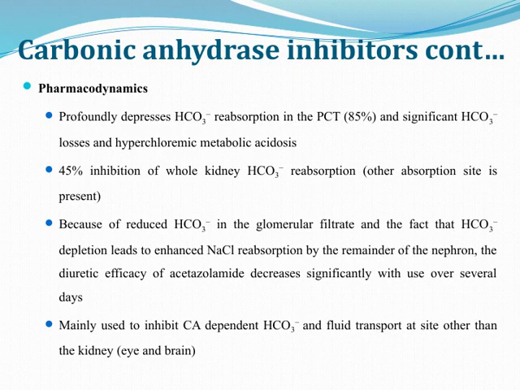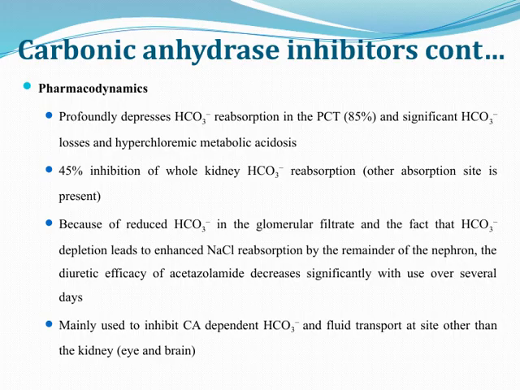Now, let's delve into the pharmacodynamics of carbonic anhydrase inhibitors. These drugs profoundly depress bicarbonate reabsorption in the proximal convoluted tubule, or PCT, by about 85%. This results in significant bicarbonate losses and can lead to a hyperchloremic metabolic acidosis.